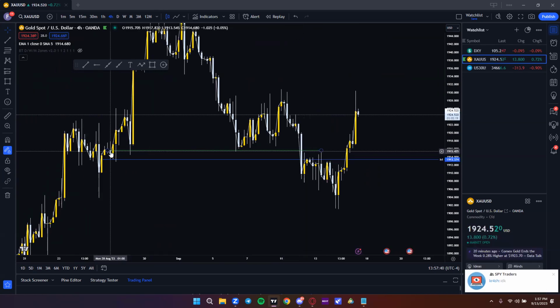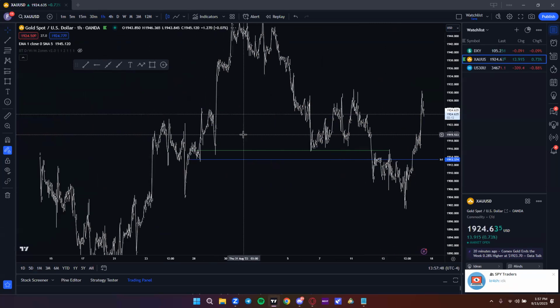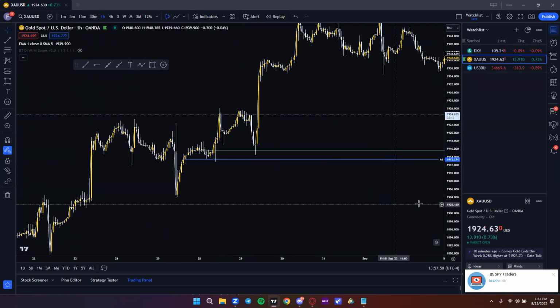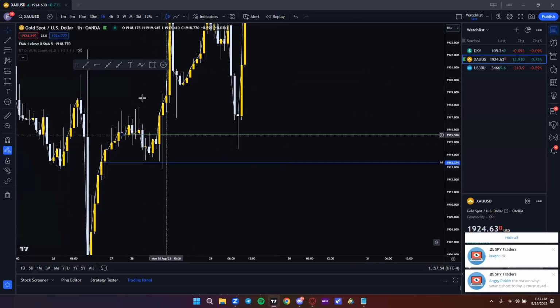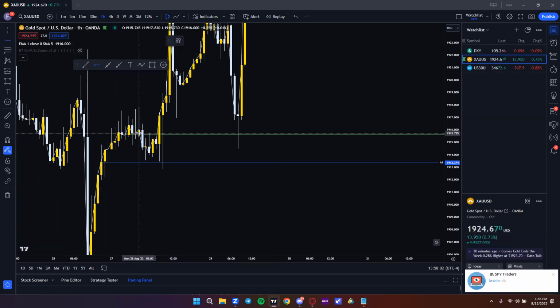Breakout level, decision level. So it's a retest of it. H1 was also there. So the H1 refinement was right there.